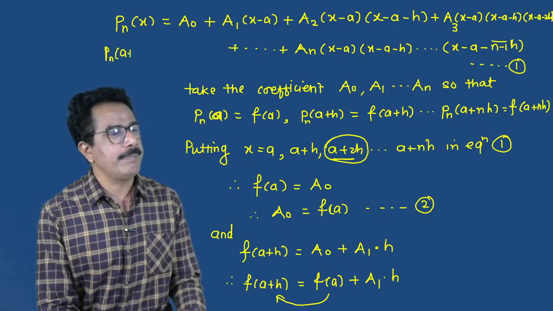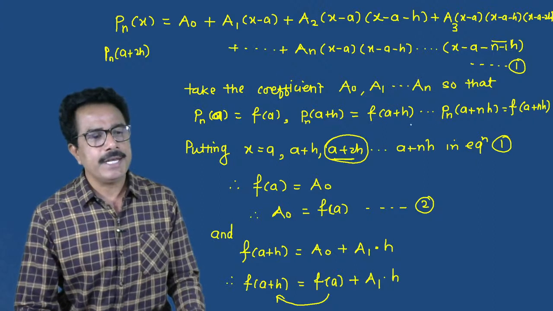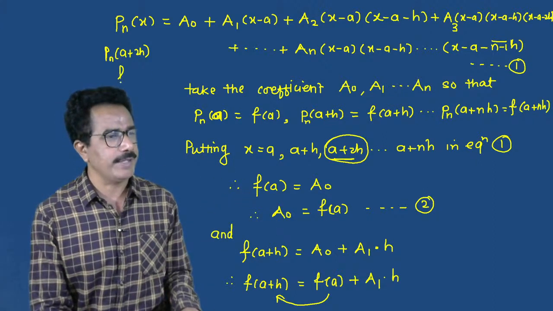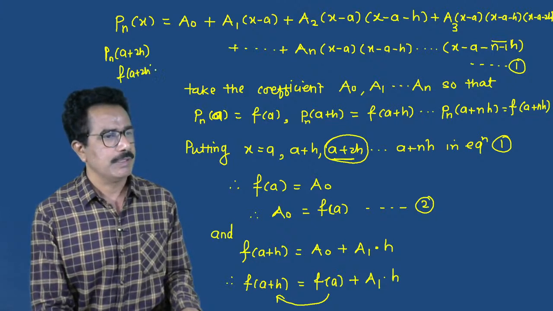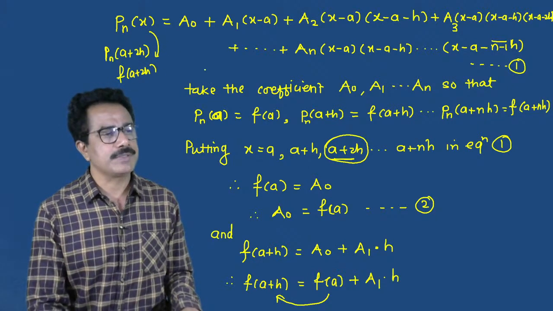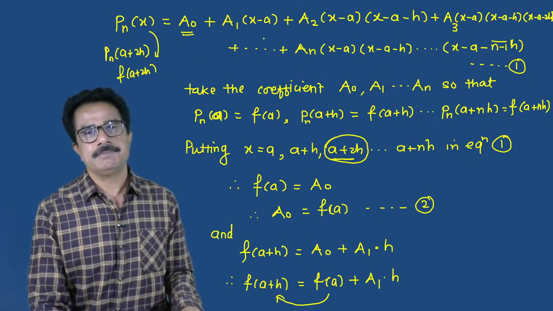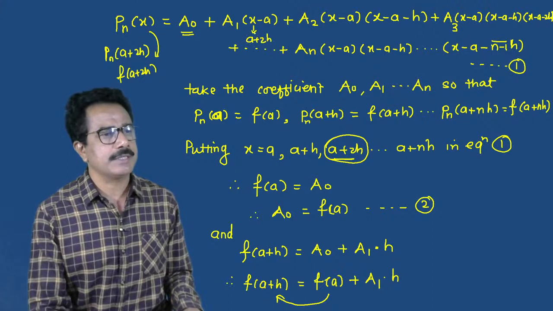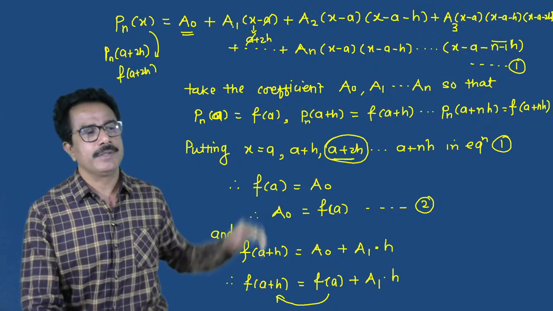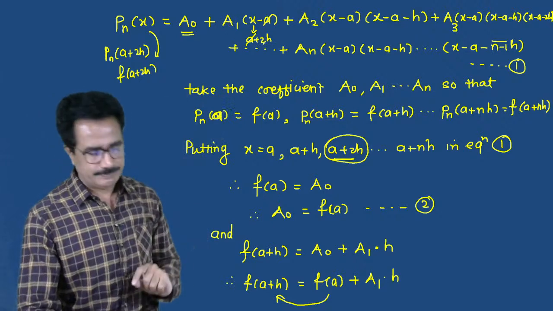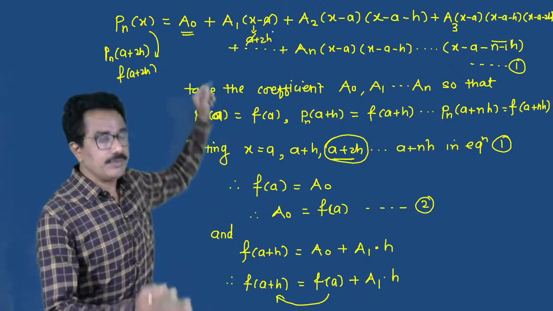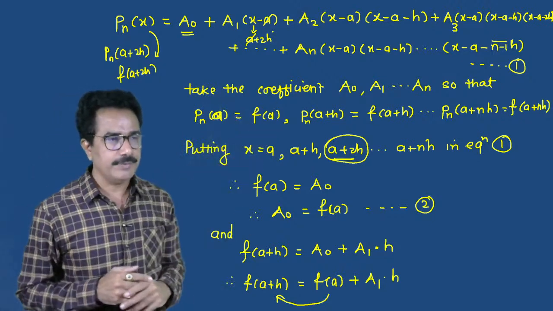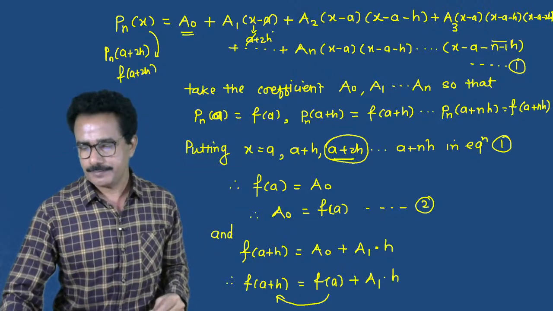Pn of a प्लस 2h ला f of a प्लस 2h लिहायचं. लेफ्ट साइड येते f of a प्लस 2h. a0 जसे असतं तसं. आता xच्या जागी a प्लस 2h ठेवला तर प्लस a मायनस a कॅन्सल होतं. We get a1 into 2h.